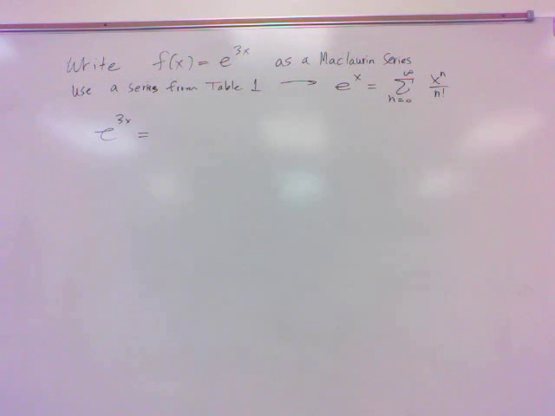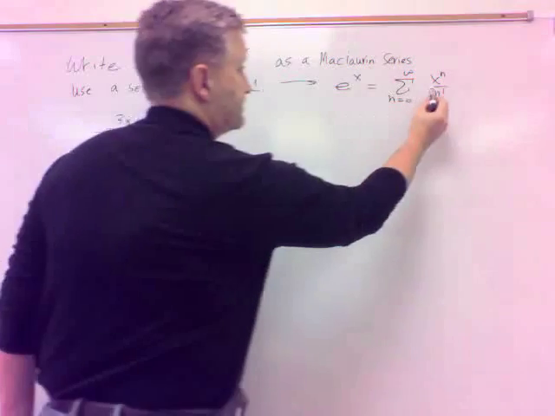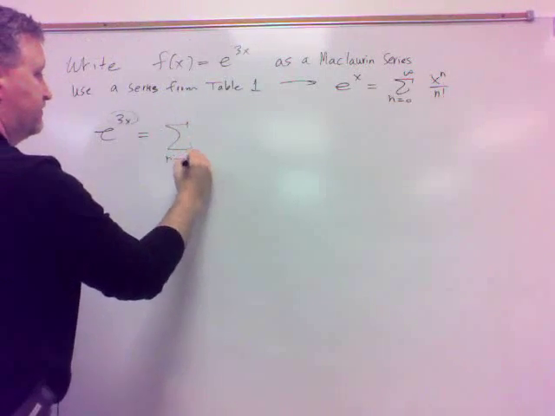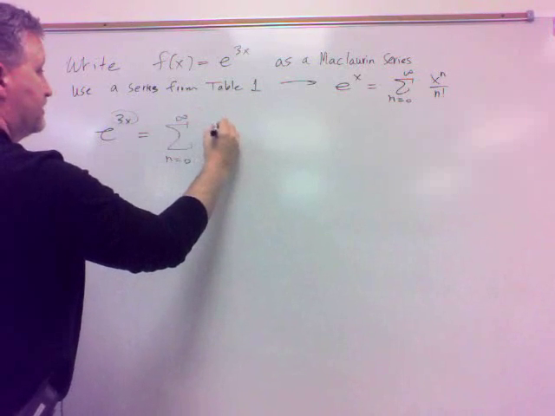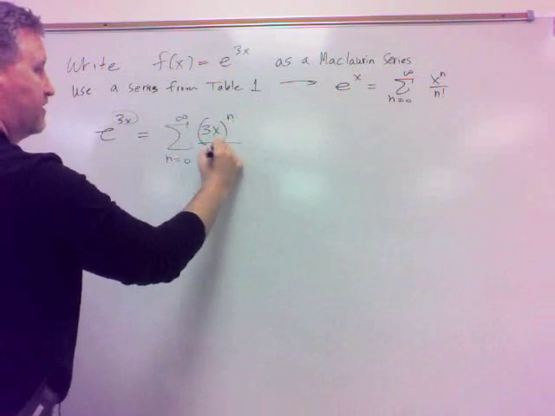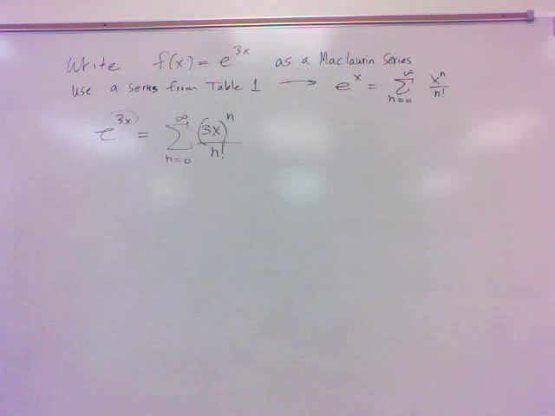So e to the 3x would be what? Well, instead of x, I got 3x. So instead of x here, I'm going to put 3x. So it would be the series n equals 0 to infinity, and instead of x, I've got 3x to the n over n factorial. And unless there's some canceling or combining, that's all I need to do with that.